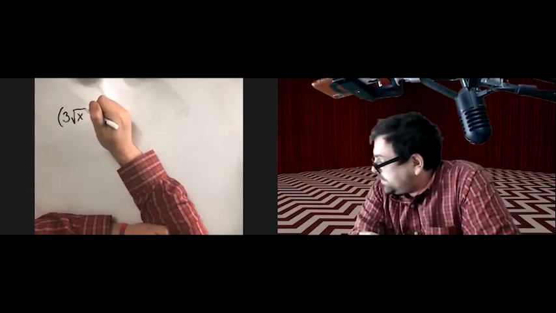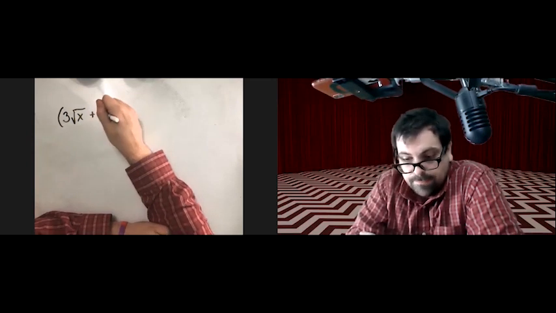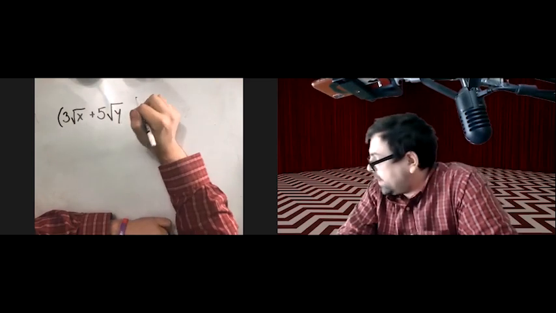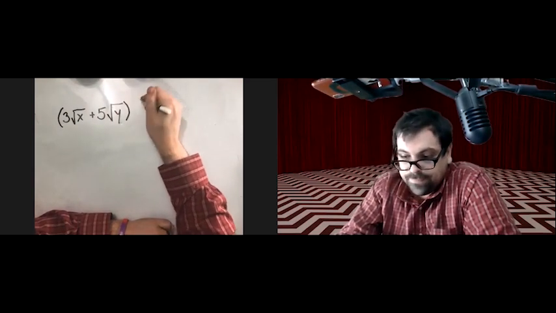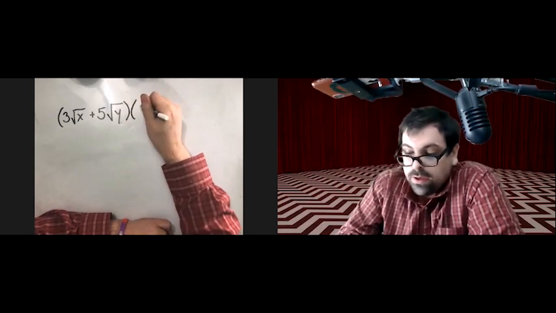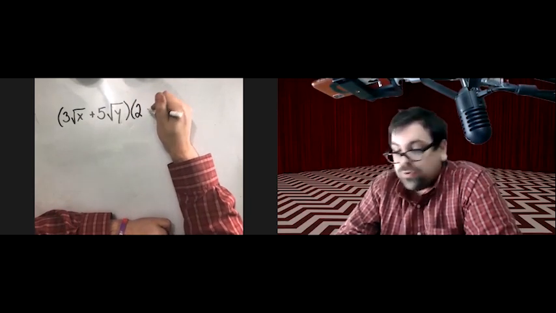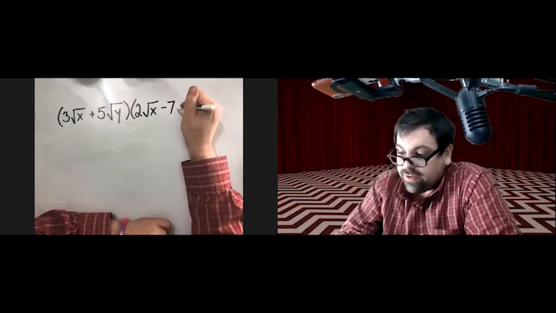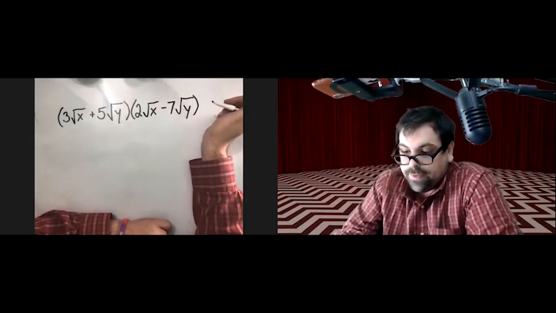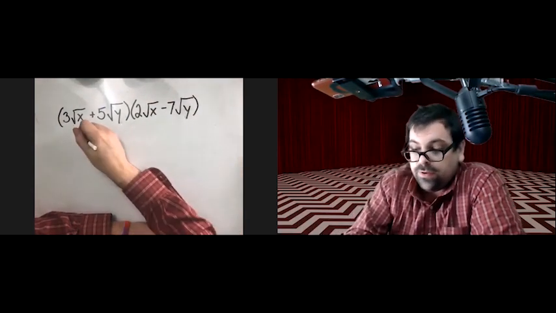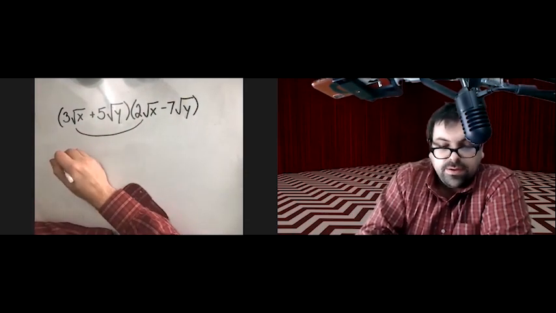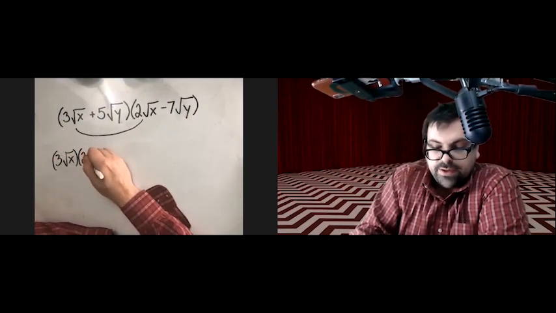Three radical x plus 5 radical y times 2 radical x minus 7 radical y. Again, let's FOIL. First, 3 radical x times 2 radical x.